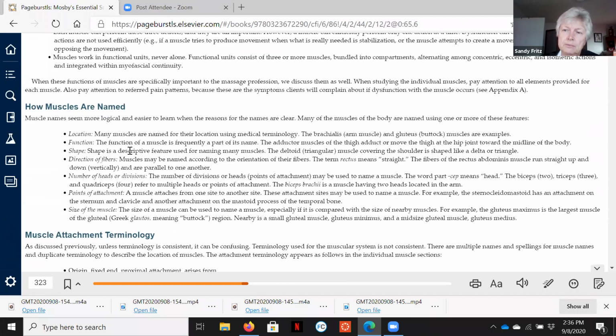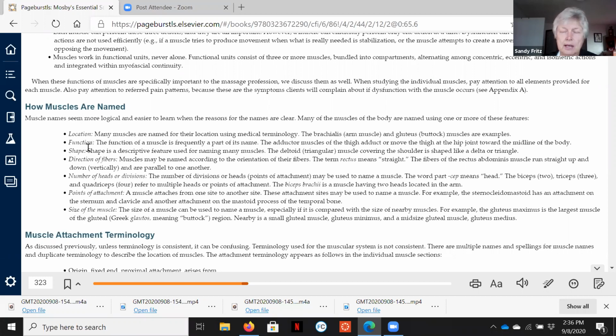So as far as learning this and the memorization that goes with it, knowing the names of the bones and the bony landmarks is going to help. Knowing the general regions of the body is going to help. And then you also have some other helps here, like the size of the muscle.